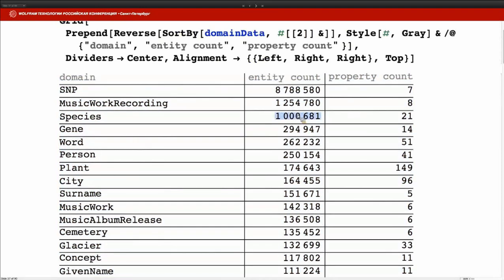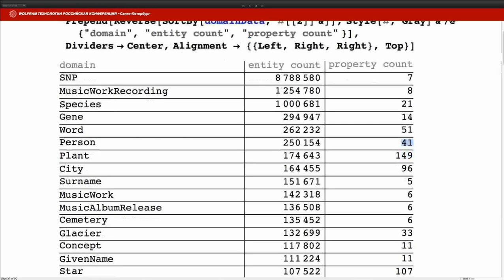But then we have more than 1 million music pieces, we have 1 million species, we have a couple 100,000 genes, a couple 100,000 words, pretty much exactly 250,000 people. And now the properties increase. We know quite a few things about the people, where they were born, what they did in their life, who were their spouses, what objects they produced, books, theorems.